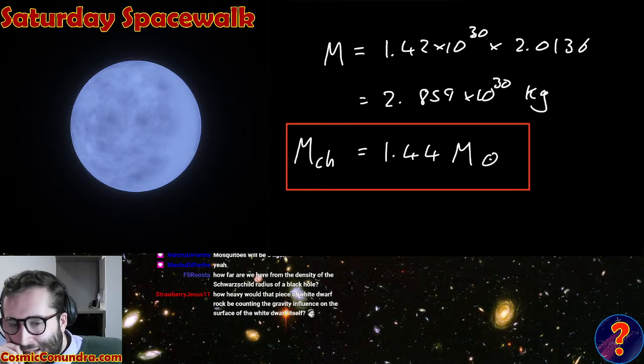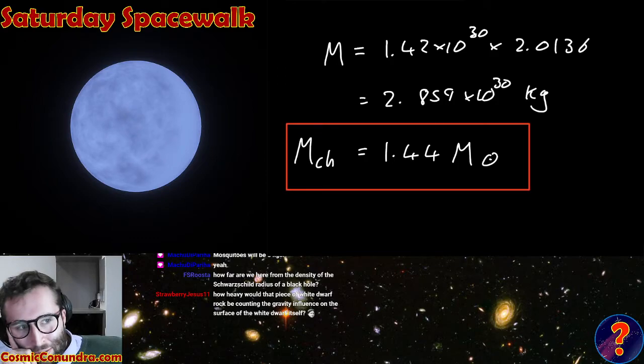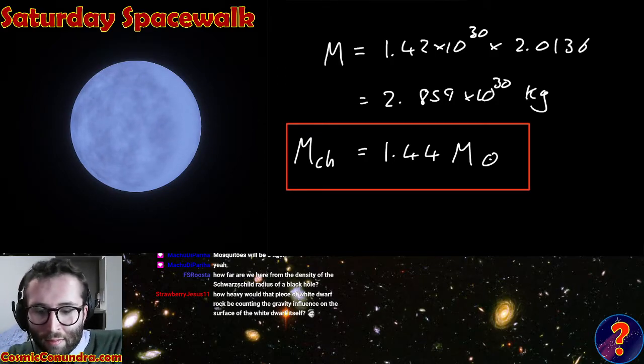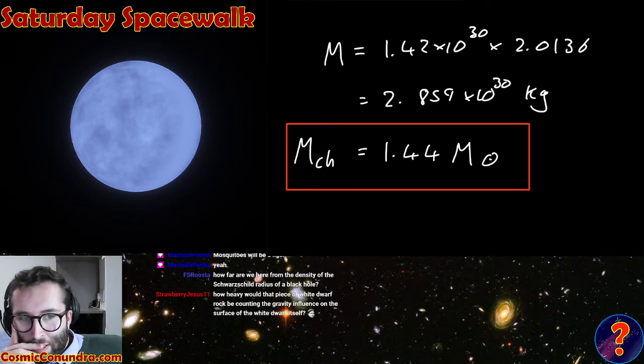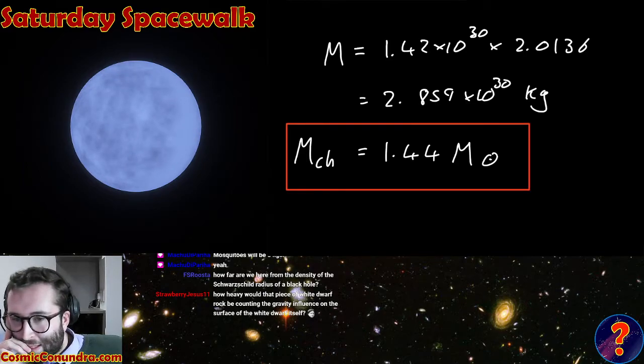Wait, no, but there aren't 10 to the 6 kilograms. Hang on. What is the mass of the Earth? Mass of the Earth, 10 to the 24. Am I being really slow? 6,000 kilometers is about a million meters. A million meters cubed is 10 to the 18 cubic meters.